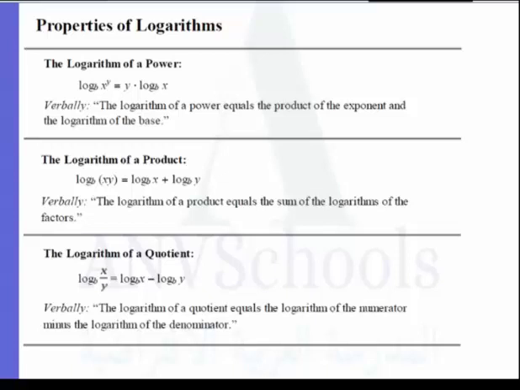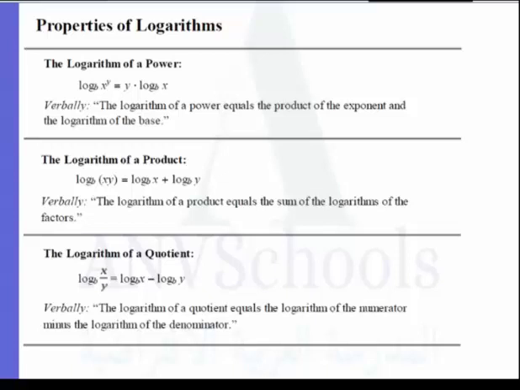These are standard properties. The first one is the logarithm of a power. Consider log base b of the argument x raised to y, and that will be equal to y times log base b of x.